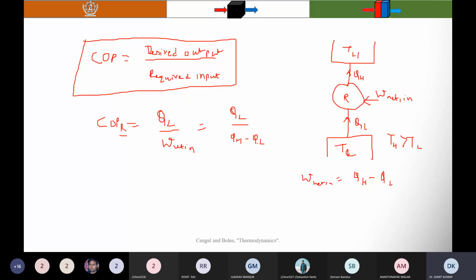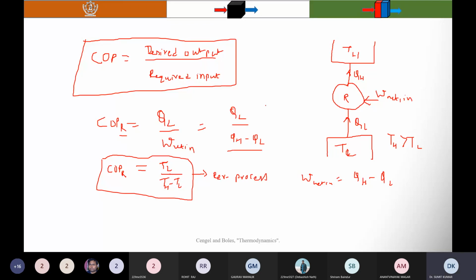But when I write it in terms of temperatures, TL divided by TH minus TL, it is valid only for the reversible process. Remember that. The heat-transfer form is valid for any process.